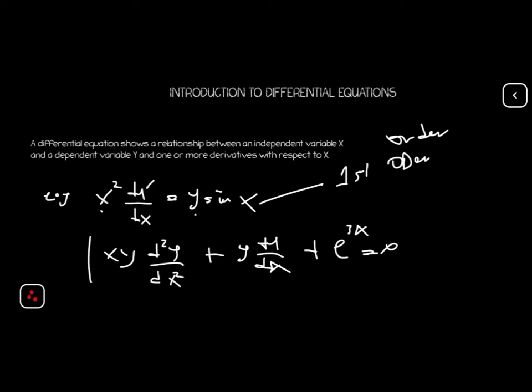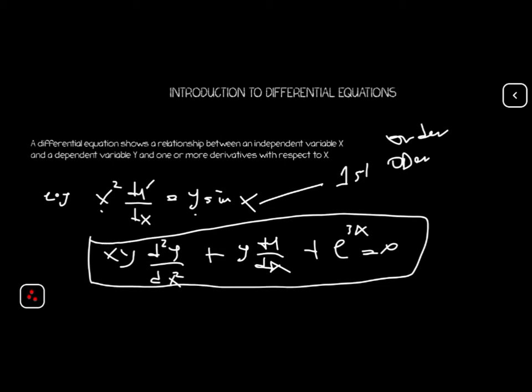In this second equation, we have an equation of the second order. It is so because the highest derivative in the second equation is 2. We have d squared y over dx squared.